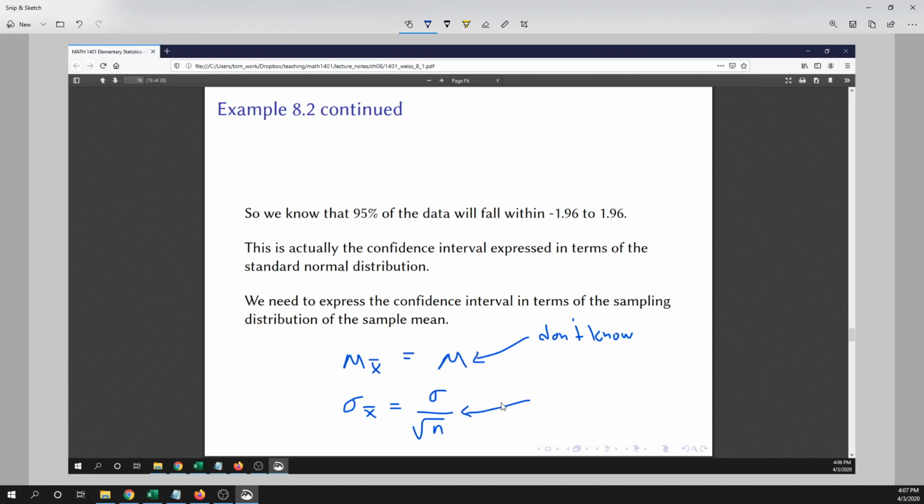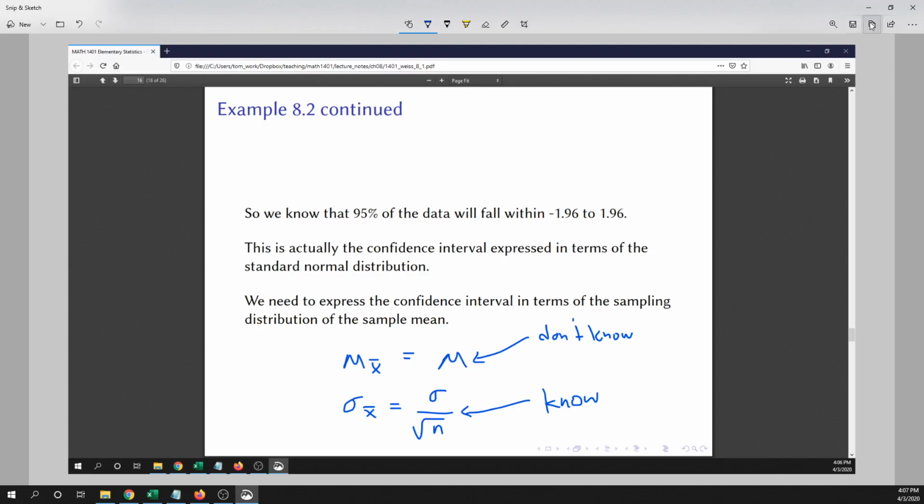But we don't, because we only took a sample. Remember, we were given the population standard deviation, so we know that number, which is good. And we know that the sample size is 36, because we were given that. So we know these, and that's good. But we don't know this.